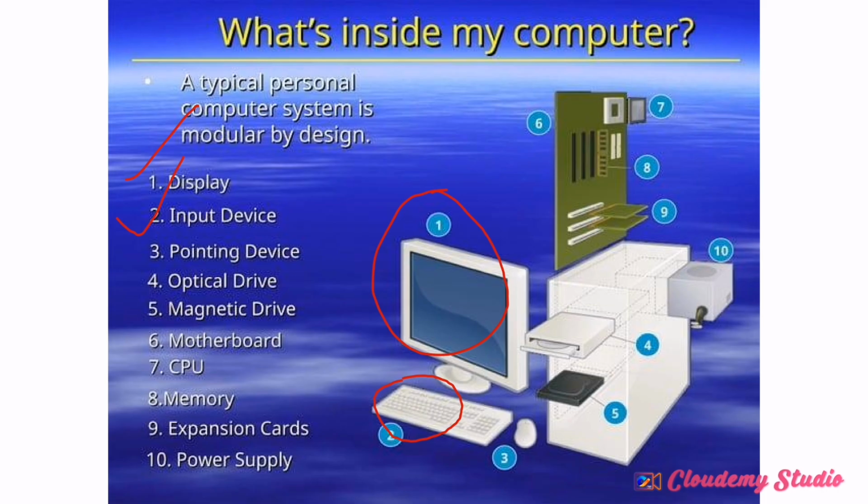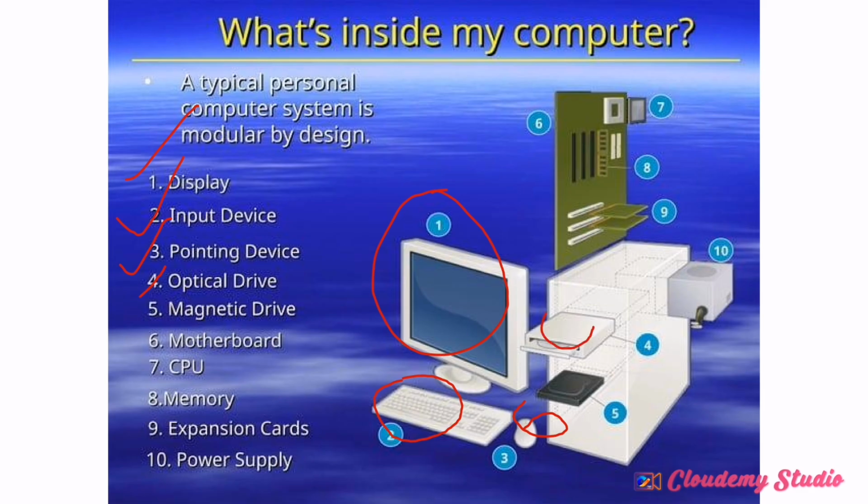Then number three, we have the pointing device. Where can we find it? Number three here is the mouse, the pointing device. Number four is the optical drive.